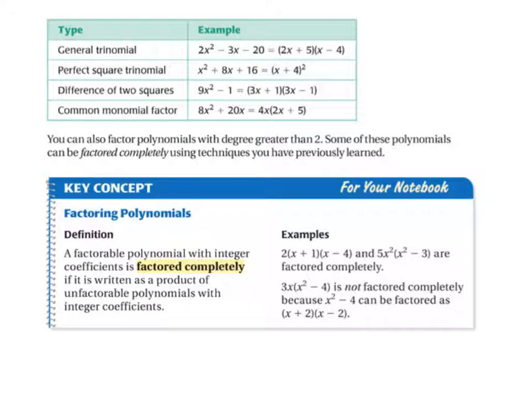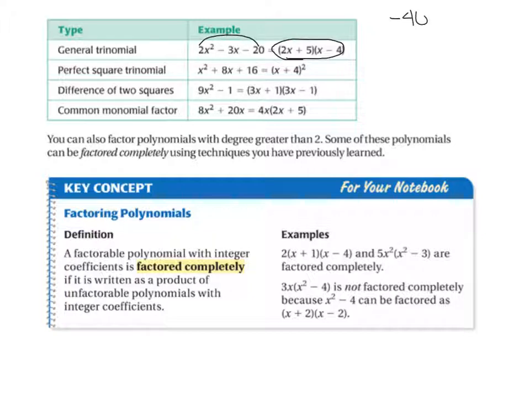Alright, here's what we're learning. I've got factoring. So a general trinomial is always going to factor to two binomials. This is where we learned to do AC, so negative 40, what multiplies to negative 40 and adds to negative 3.